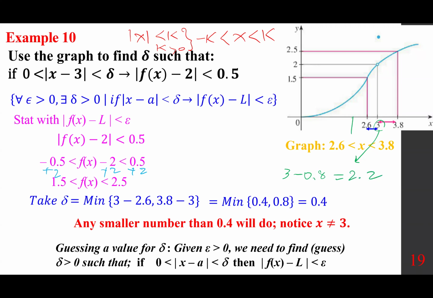So I can start somewhere here. Let's say it's 2.2. The problem is if you go up here and here, you will miss 1.5 to 2.5. The answer you get here is way off. So you must choose the smaller of the two. If you choose the larger one, it won't work.